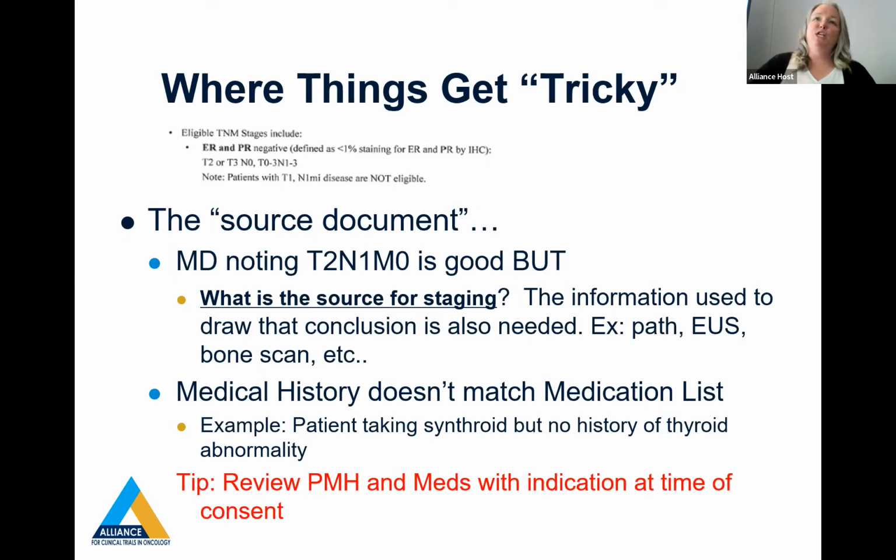So that can be a challenge. So really thinking through and getting a good baseline med reconciliation list at time of consent or eligibility will help you way down the road with data entry, adverse events, eligibility, all that stuff. Taking that time at the beginning is really helpful.